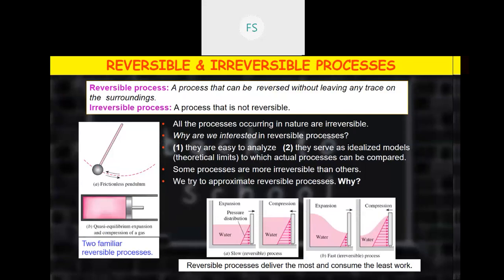Every process has two types. The first type is reversible, a process that can be reversed without leaving any trace on the surroundings, and irreversible process, a process that is not reversible.